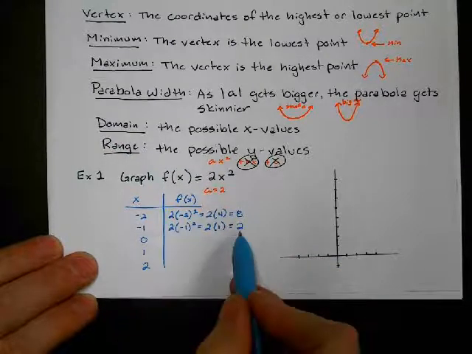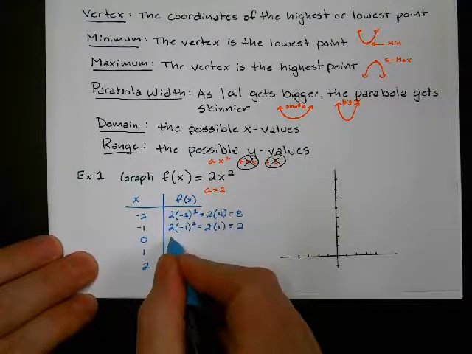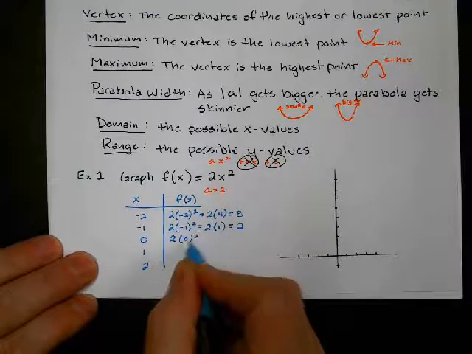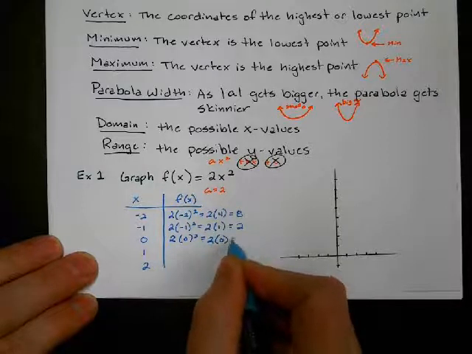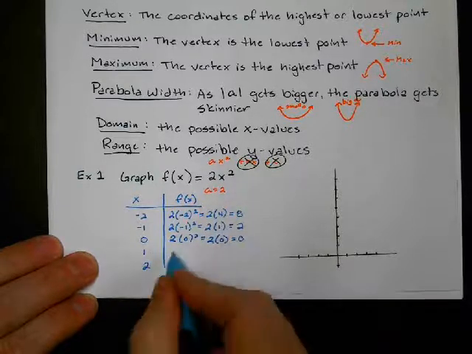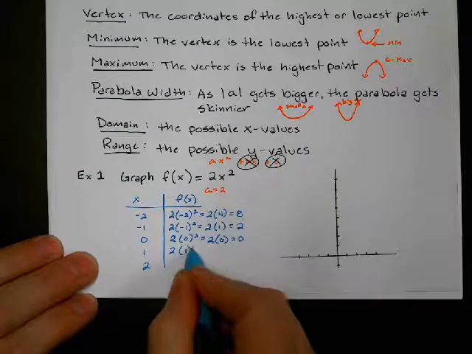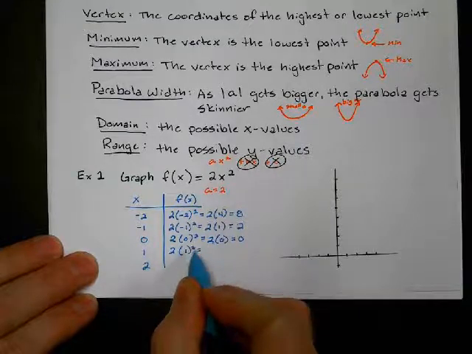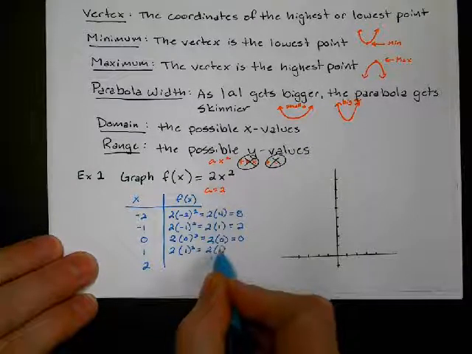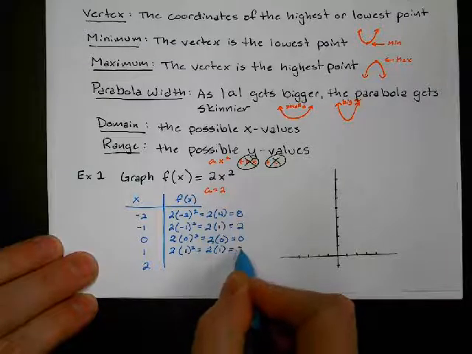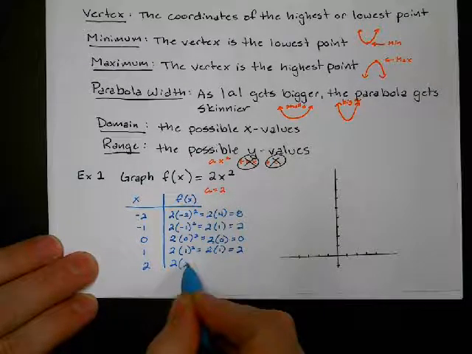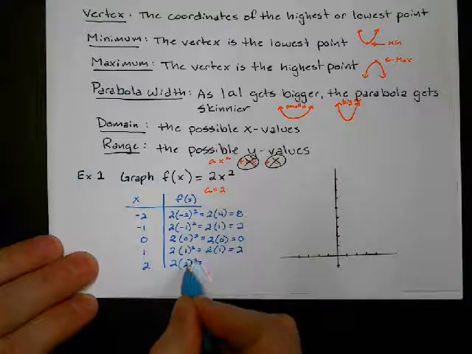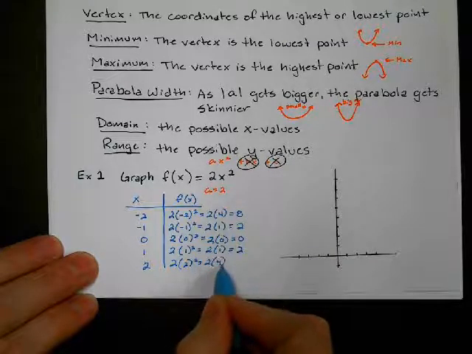Let's plug in 0. 0 squared is 0, and 2 times 0 is still 0. Let's plug in 1. 1 squared is 1, and 2 times 1 is 2. Over here, we'll plug in 2. 2 squared is 4, and 2 times 4 is 8.